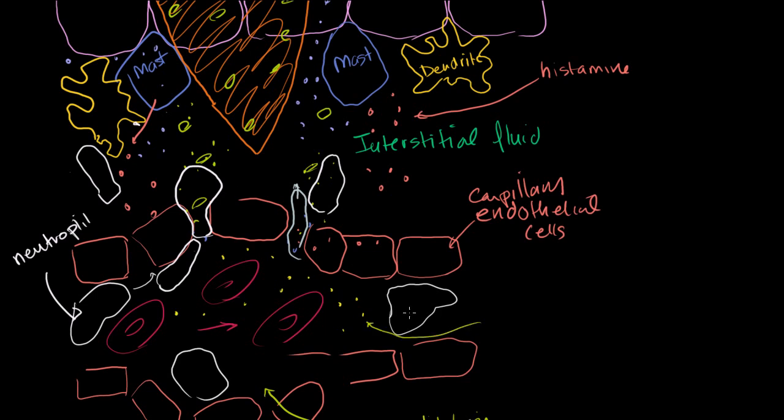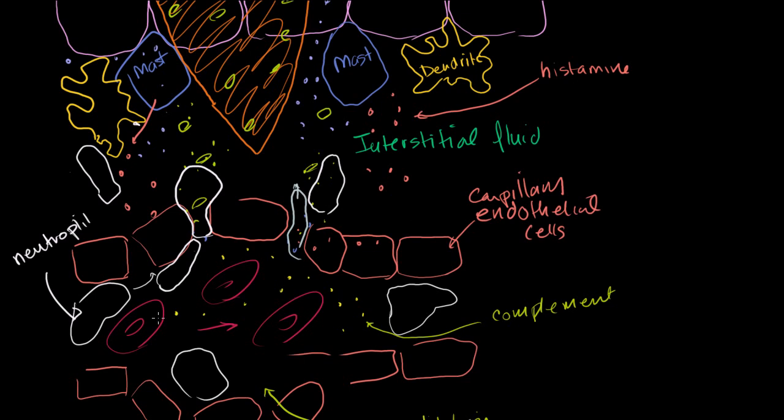So this right here is the complement system, which is really just a set of proteins that always just floats around, and they are a good first line of non-specific fight against some type of invading pathogen. So hopefully this gives you a good sense of what is going on in the inflammatory response.